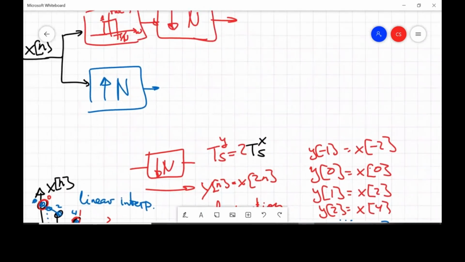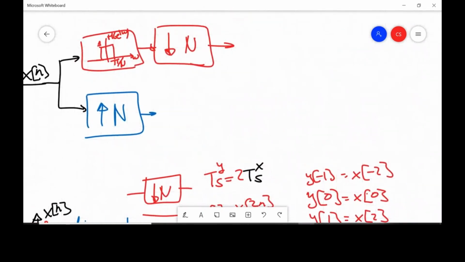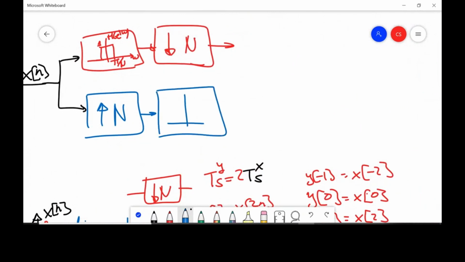So what you want is to apply some kind of filter, and that is one. And again, it's pi over n. This is omega.